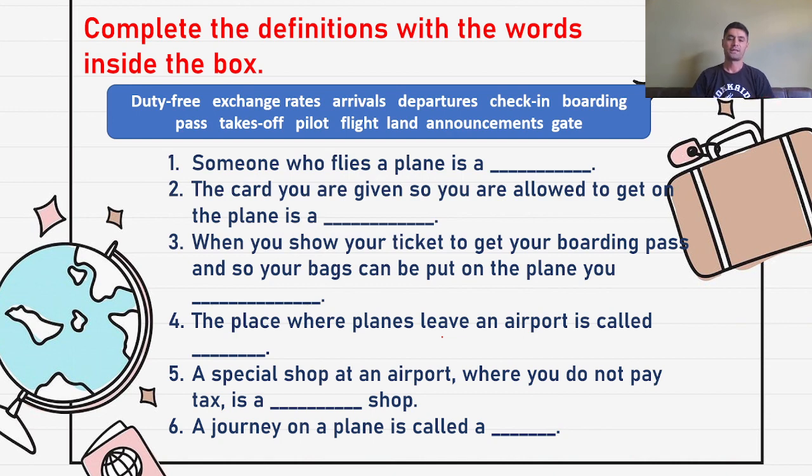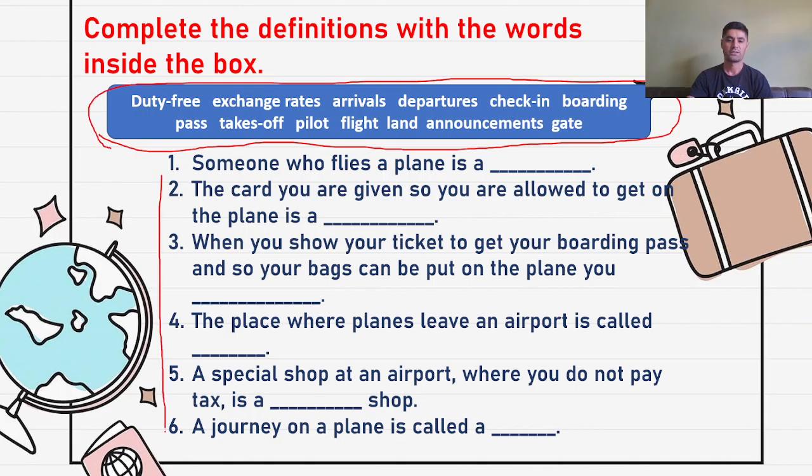So this is the first activity of today's lesson, and here you can see today's new words. We've already talked about these words, and here is the activity related to these words. Your job here is to put the word in the correct place. If you're ready, you can start.